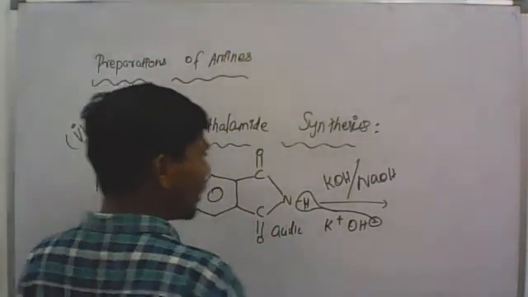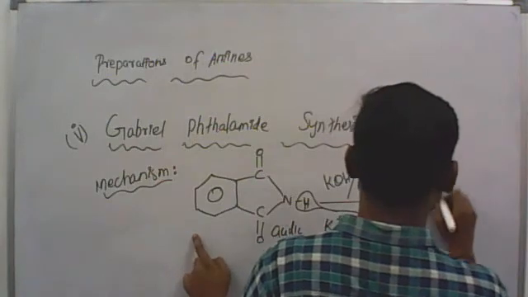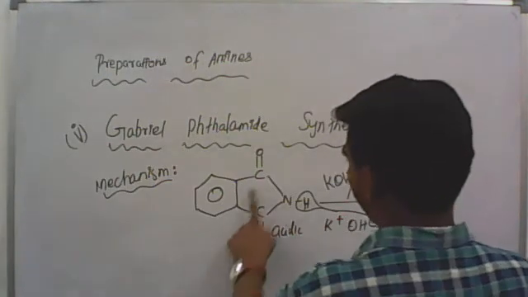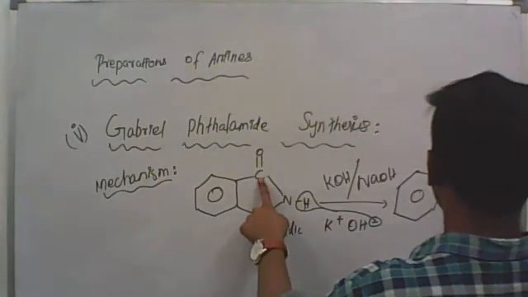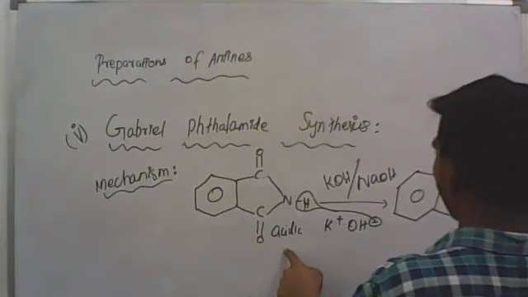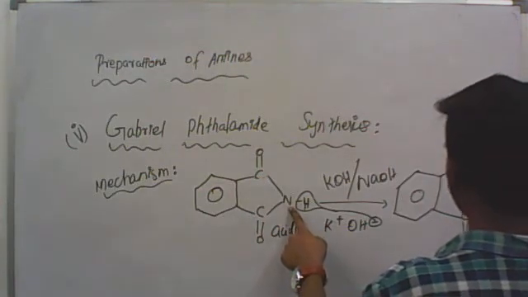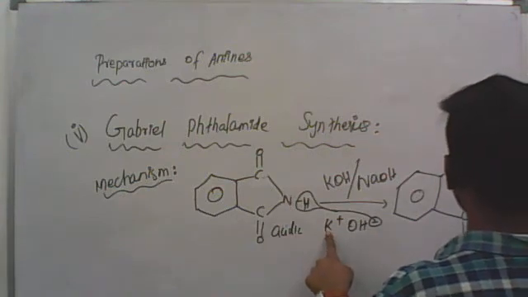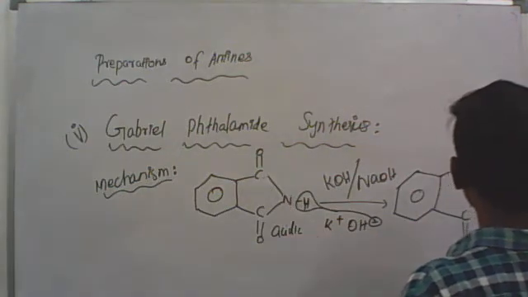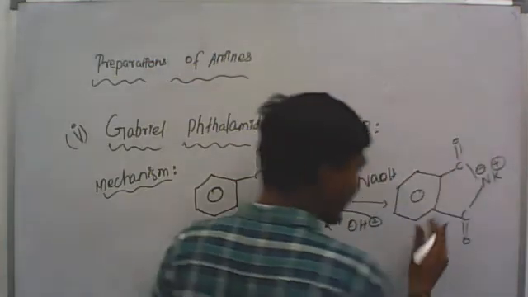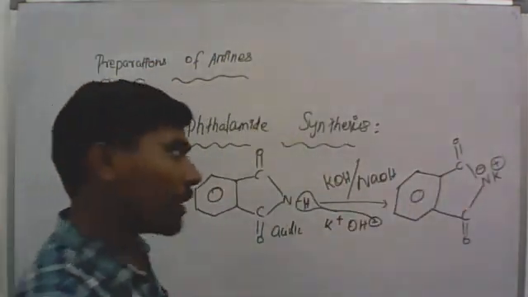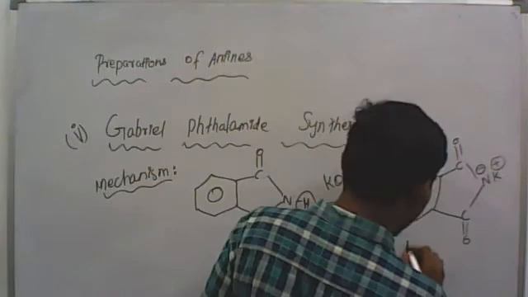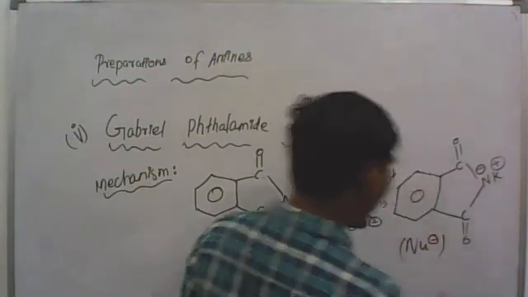So the remaining product we get is C double bond O, C double bond O, N minus and K plus. This compound is acting as a nucleophile, because nitrogen has a negative charge.